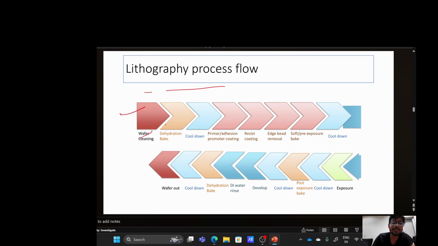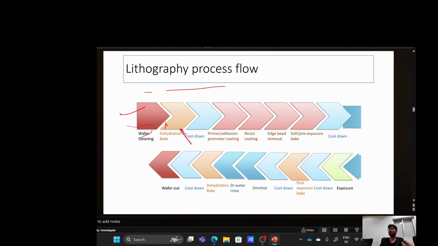And then we do the dehydration bake. If there is adsorption of water molecules, that will hamper the coating of the photoresist over it. There may be pinholes, or very bad adhesion with the substrate, so we need a dehydration bake for that.